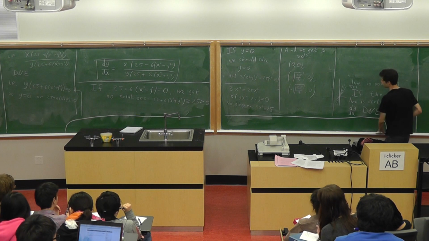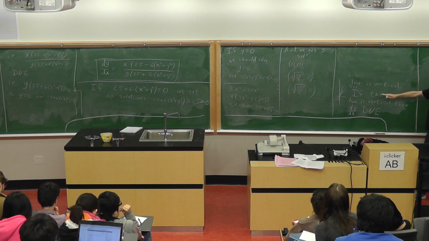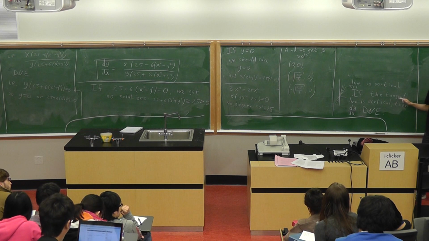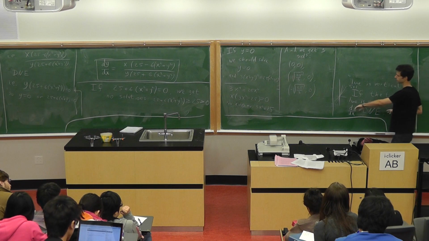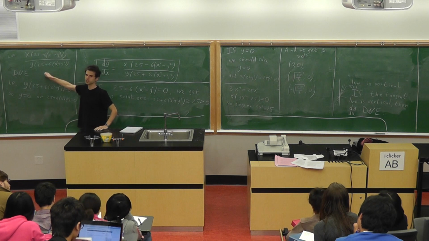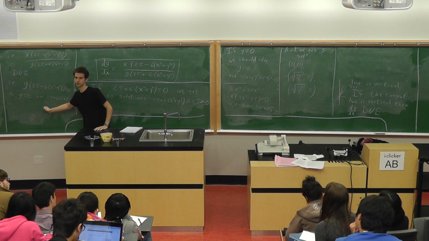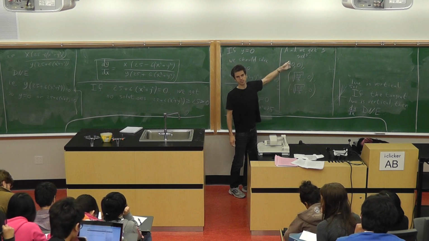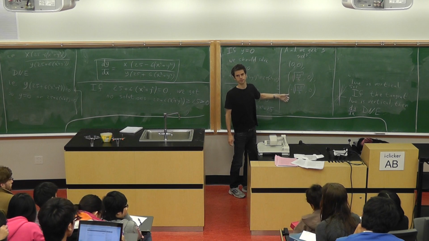Well, let's see. Our argument started as follows. If the tangent line is vertical, then something happens. As a conclusion, something else happens. And the final conclusion is the point is such or such or such.